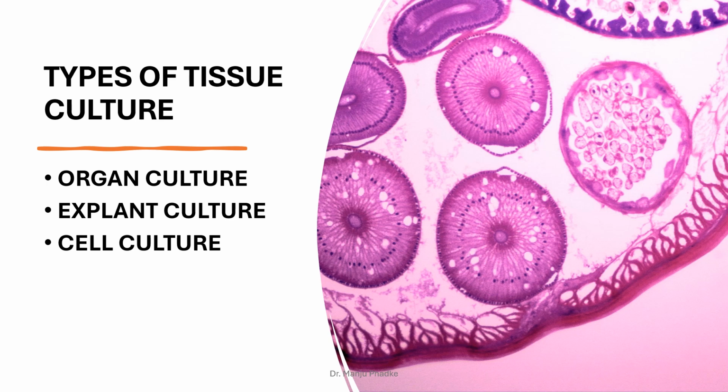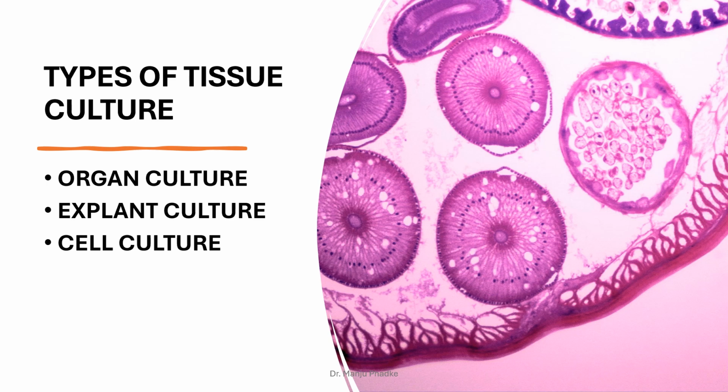Cell culture is the next one, which is routinely used. Here, the tissues are dissociated into component cells and they are suspended in a growth medium. The tissues are dissociated by the action of proteolytic enzymes.